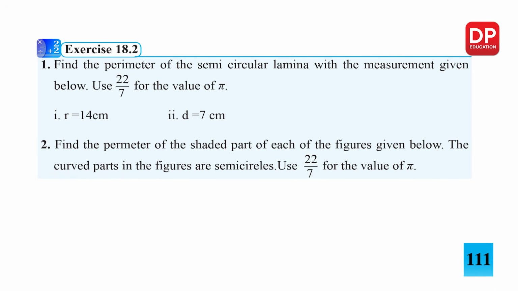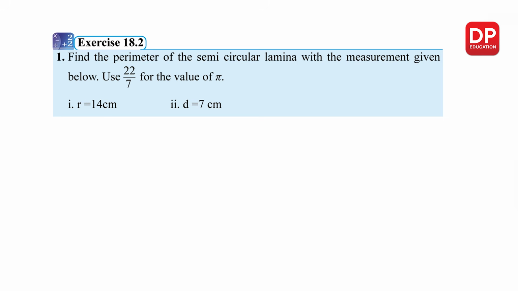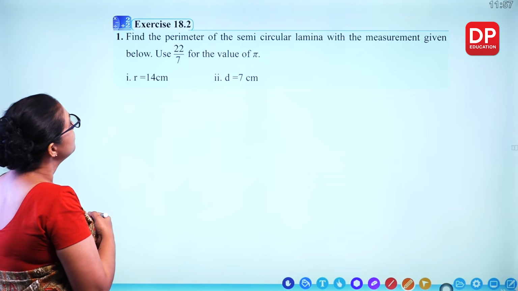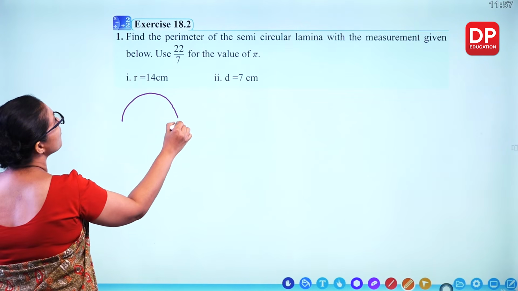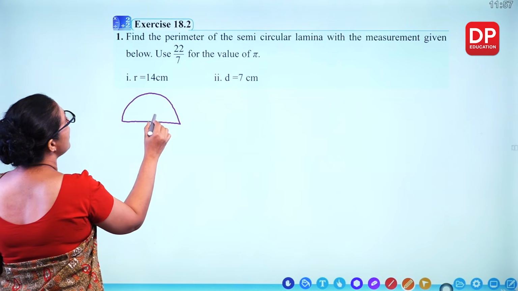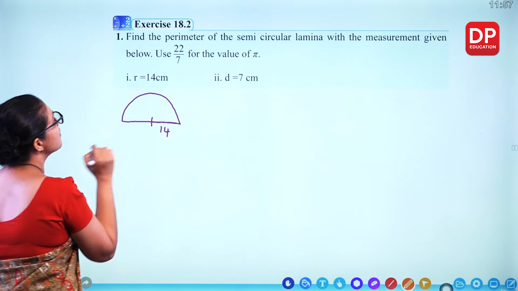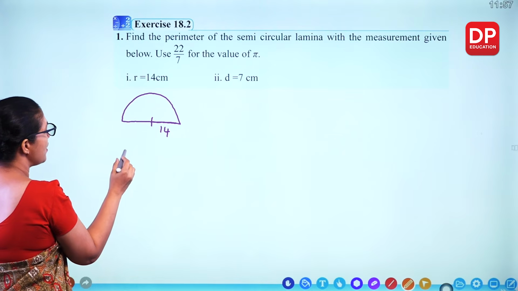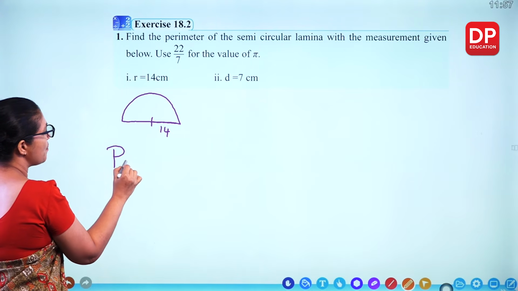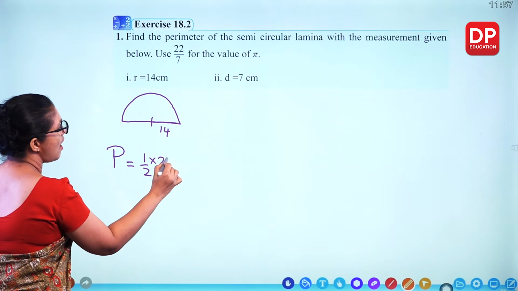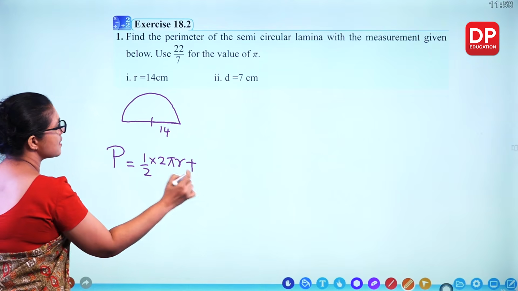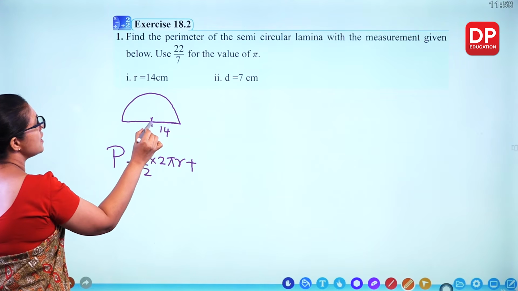Exercise 18.2. Find the perimeter of the semicircular lamina with the measurement given below. Use 22 over 7 as the pi value. So this is the perimeter, and the radius is given as 14. So straight away, shall we find the perimeter? Perimeter is half of the semicircular part, half of 2 pi r, plus 14 and 14.